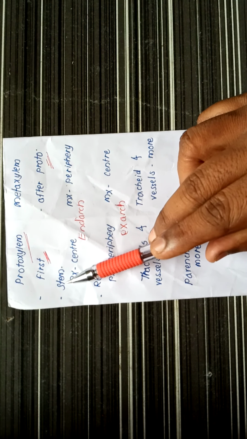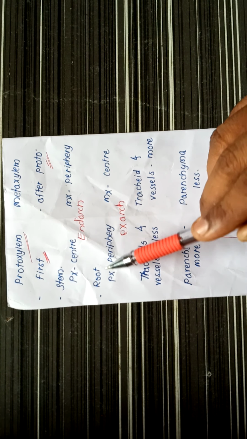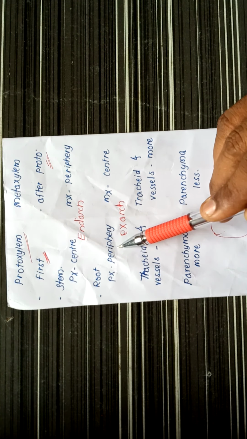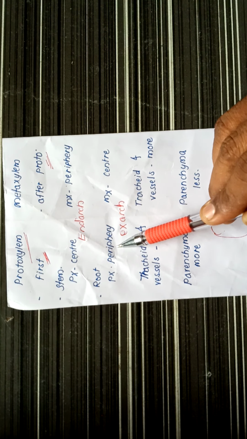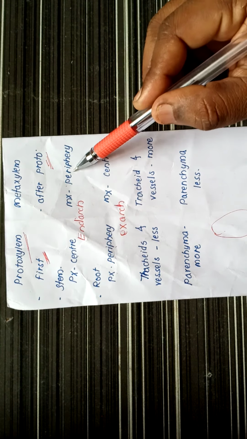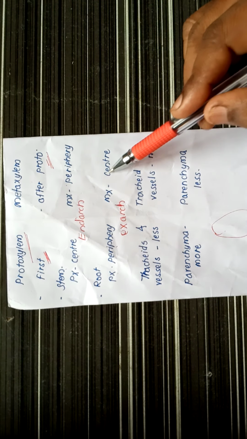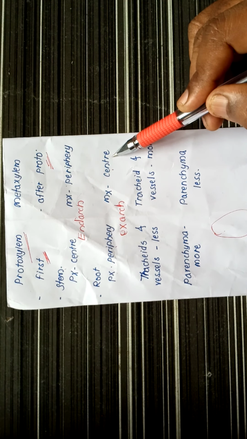In the stem, protoxylem is present at the center, and in the root, protoxylem is present at the peripheral region. The metaxylem is present at the peripheral region in the stem, and in the root it is present at the center.